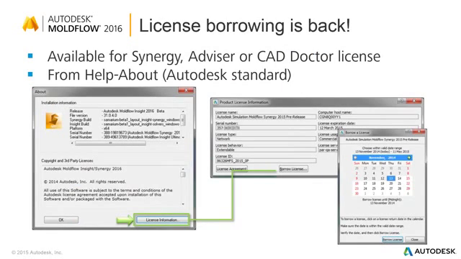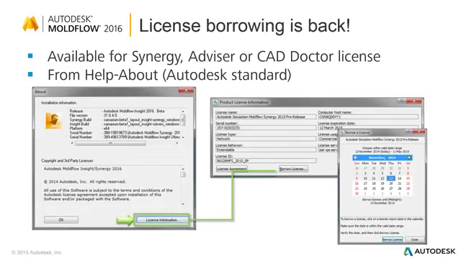Another thing that we introduced this year that's been highly requested, I know you guys travel a lot, is the ability to borrow a license. So if you have Synergy, Advisor, CAD Doctor on your machine, and you want to, let's say, travel to customers in China, you need to bring your product with you, you can go to the Help About box, hit check license information, and over here you can actually start looking at borrowing that license for a period of time.